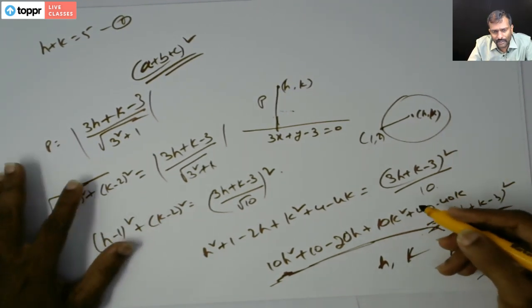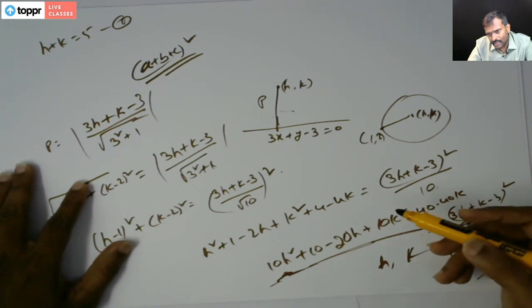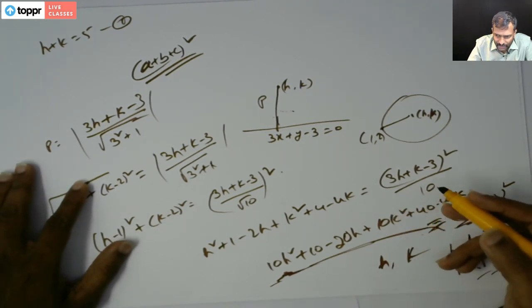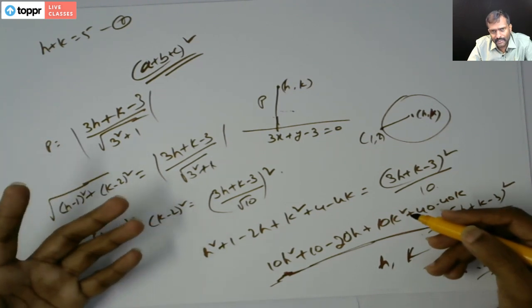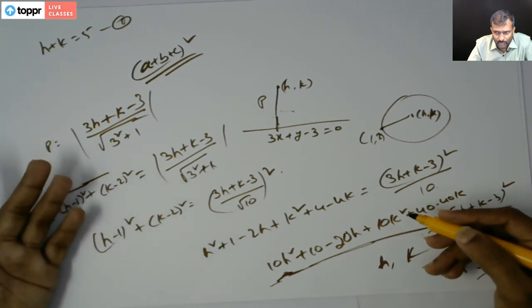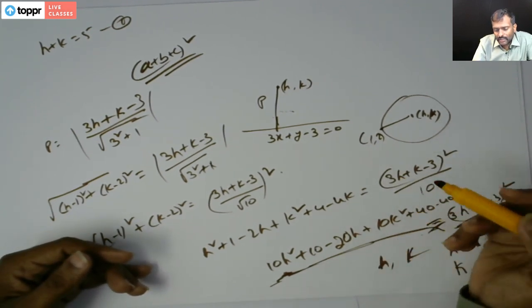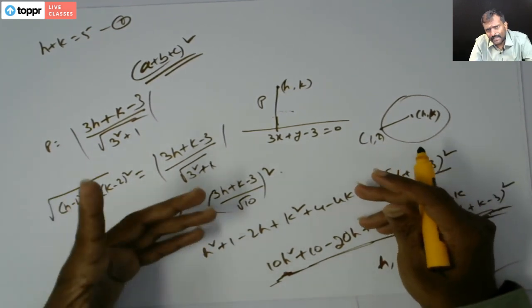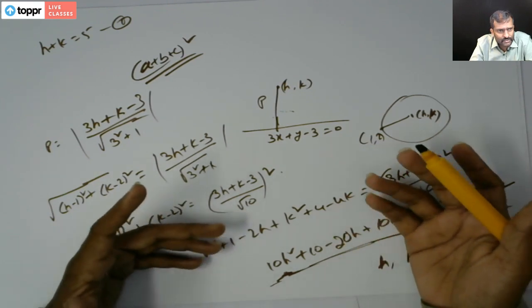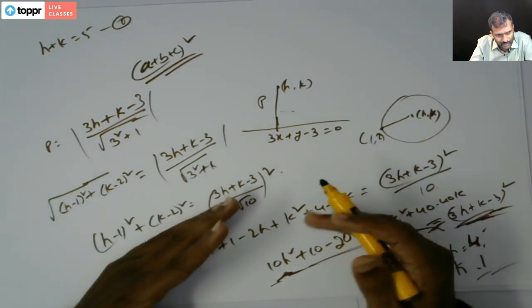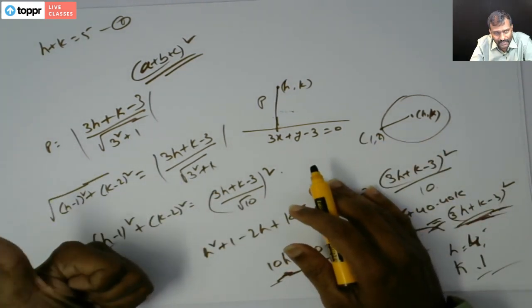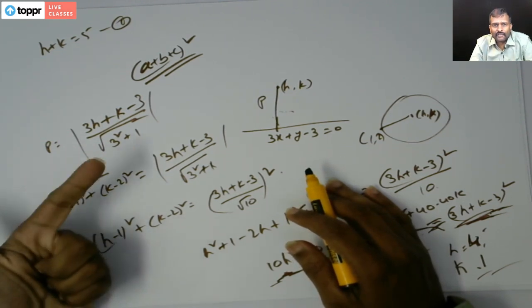So I hope you understood how to find the equations of circles when given some conditions, and also how to find the equation of a common chord when two circles are given. So let me just quickly recap what we have discussed today. We have learned about the equation of a circle in general form, when the center is given and when the center is the origin.